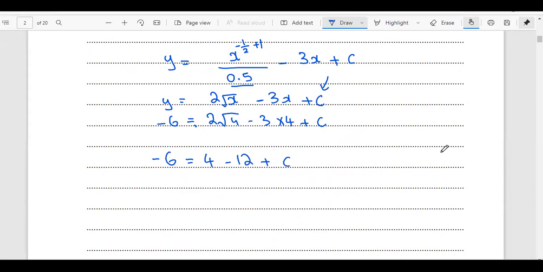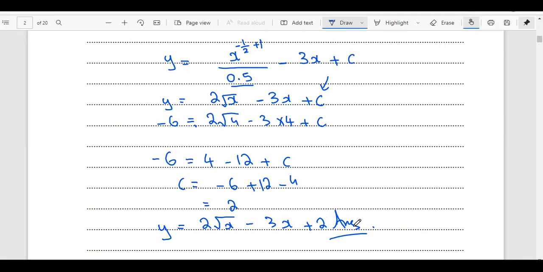So what is the value of c exactly? C would turn out to be minus 6 plus 12 minus 4. Very good. It would be 2. So the equation would be y equals 2 under the root x minus 3x plus 2. This is going to be the answer.